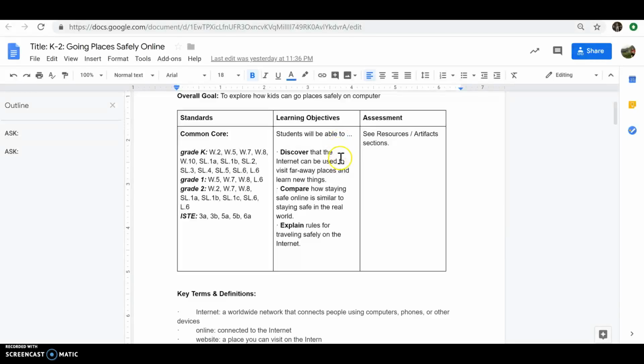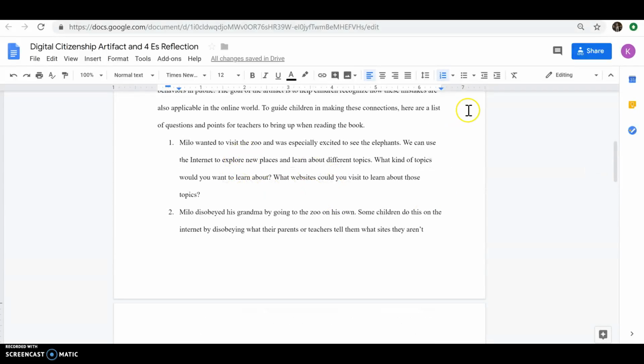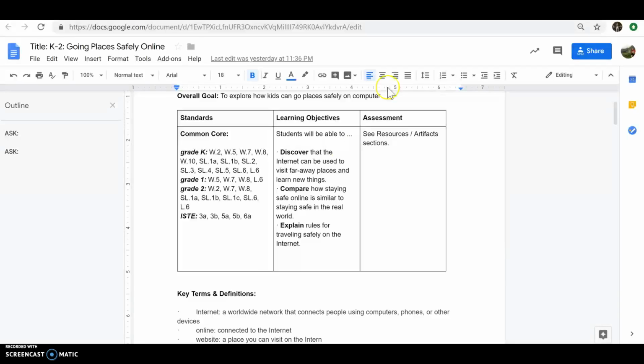And then again, the learning objectives here talk about discovering that the internet can be used to visit faraway places and learn new things. So that was addressed in the first discussion question about how we can use the internet to learn. And then it goes into the comparison of how staying safe online is similar to staying safe in the real world, which is where the questions break down the specific mistakes that the character Milo made in public, and encouraging the students to do some critical thinking about how these apply to being safe online.